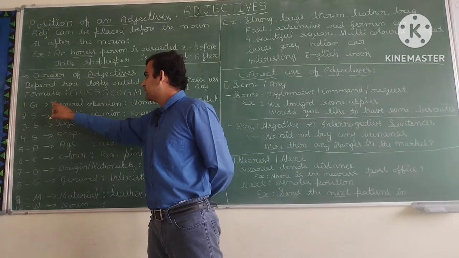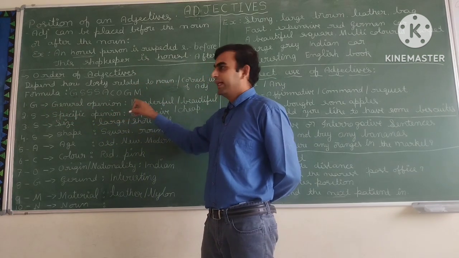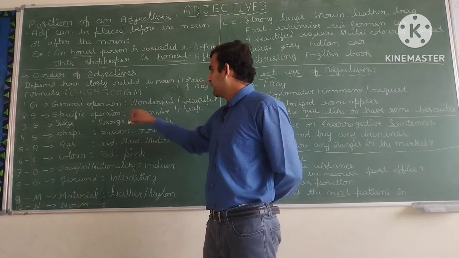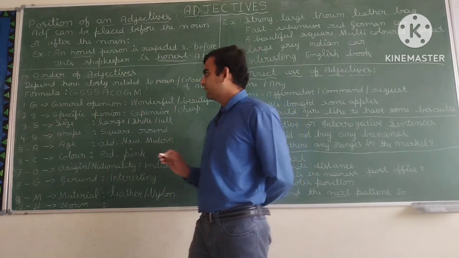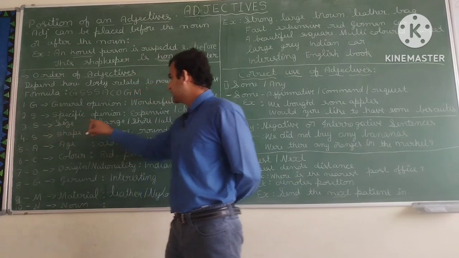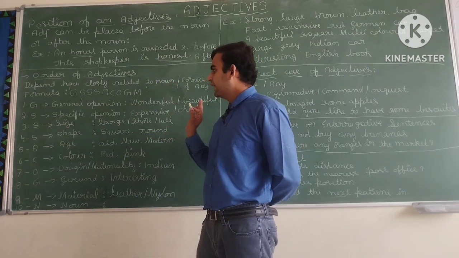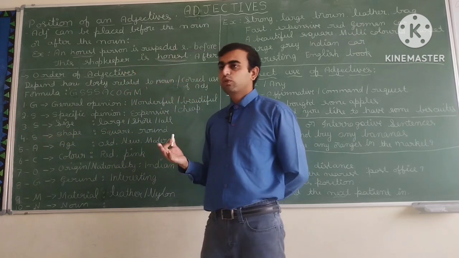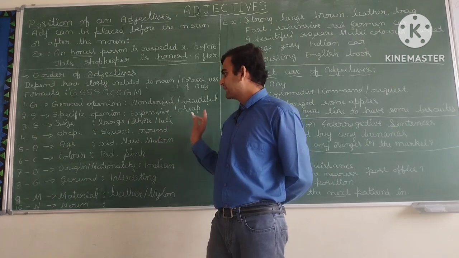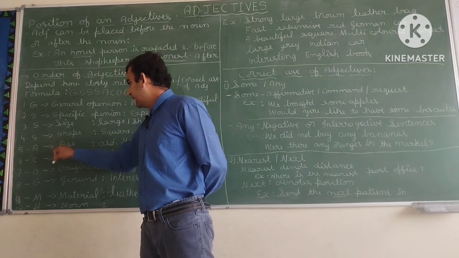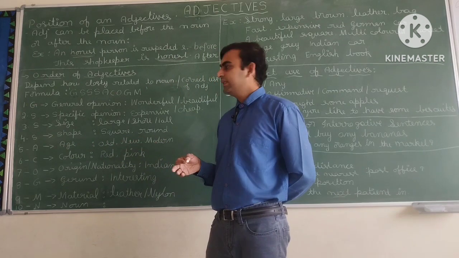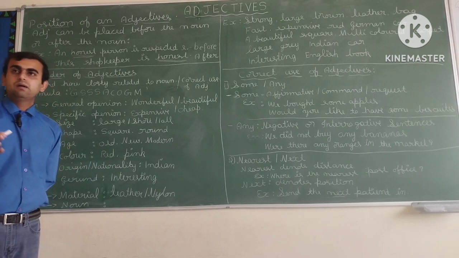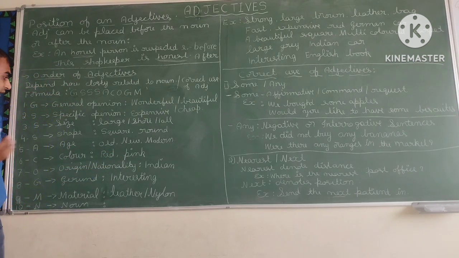G stands for general opinion, example: wonderful, beautiful. S stands for specific opinion, that is expensive, cheap, etc. S stands for size, that is large, short, tall, etc. Again S stands for shape, that is square, round, rectangle, etc. A stands for age, that is old, new, modern, etc. C stands for color, that can be red, pink, blue, white or multicolor, whatever it may be.